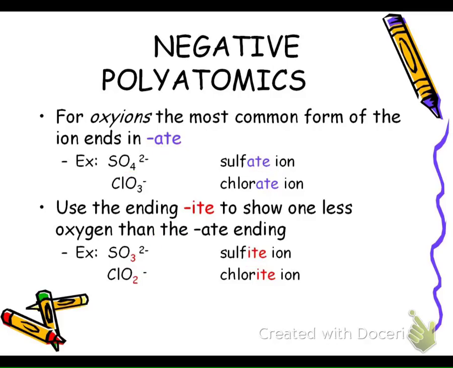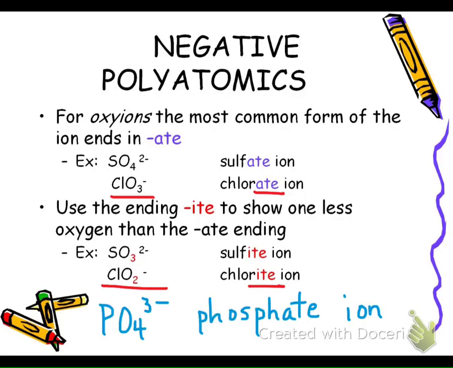So for chlorate, ClO3-, I simply have to remember the formula and the charge, but once I know chlorate is ClO3-, chlorite would simply have one less oxygen, ClO2-.